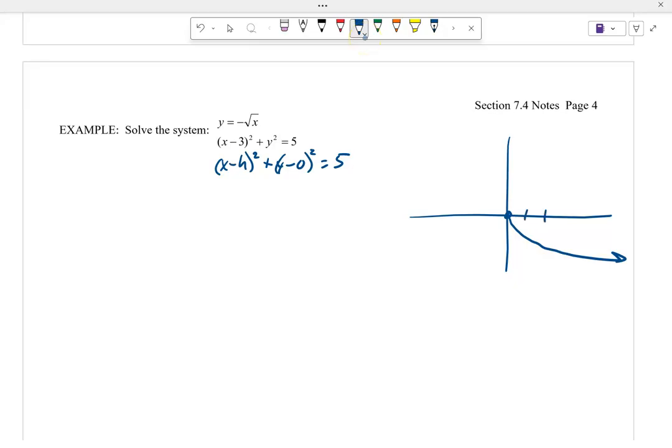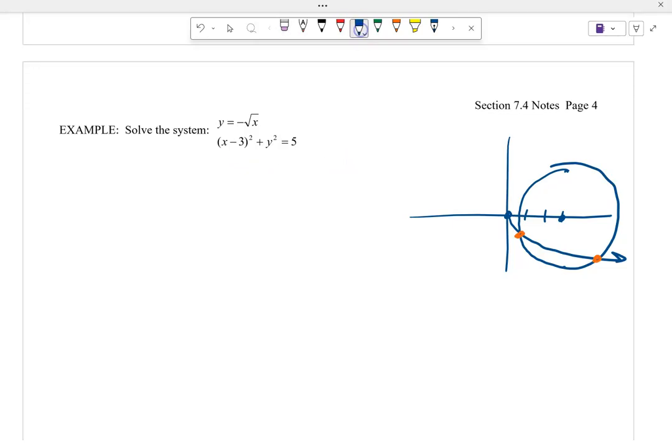So 1, 2, 3, 0, radius of 2 point something. It's kind of like that type of deal. I don't know that I drew it the greatest, but anyways, you should see it hitting a couple times here. That's kind of what we're looking for, but we're just doing this algebraically.